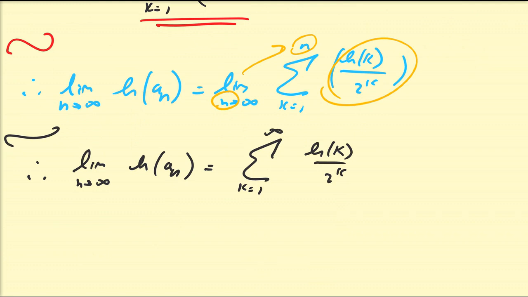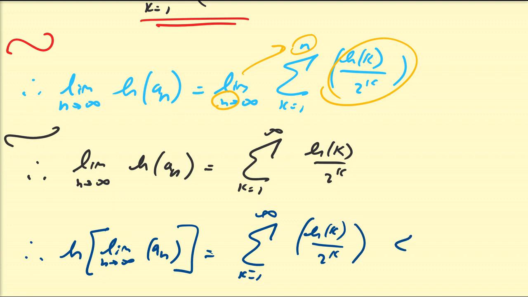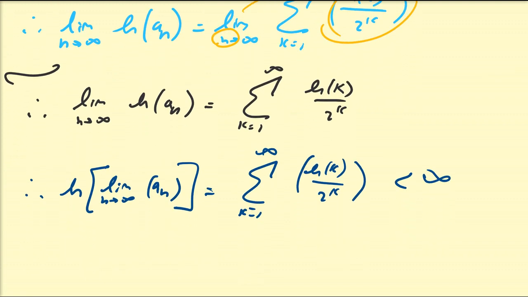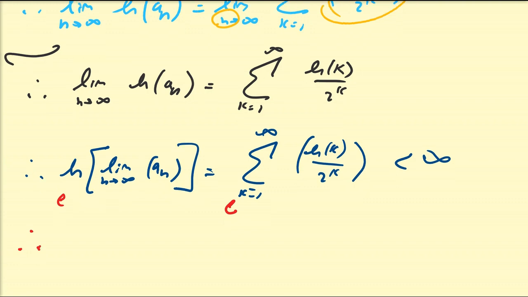So if that's the case, then we also have that the natural log of the limit as n goes to infinity of a_n is equal to the sum from k equals 1 to infinity of the natural log of k over 2^k. And we've already proven that this series converges, so this is going to be a finite number. If that is a finite number, then we can exponentiate both sides of this equation.